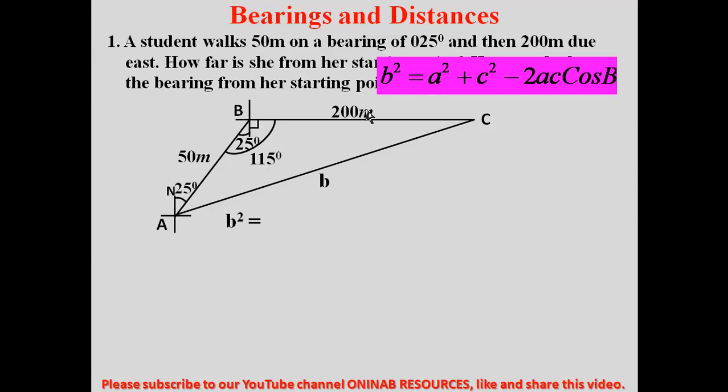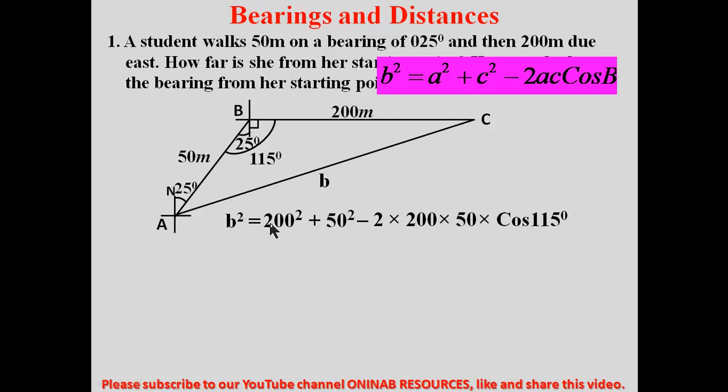What's our a? a is 200 meters, so 200 squared plus c, c is 50 meters, so plus 50 squared minus 2 times 200 times 50, then multiply by cos B, and B is 115 degrees. So cos 115 degrees.